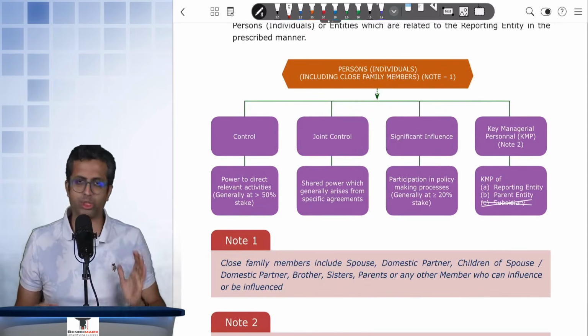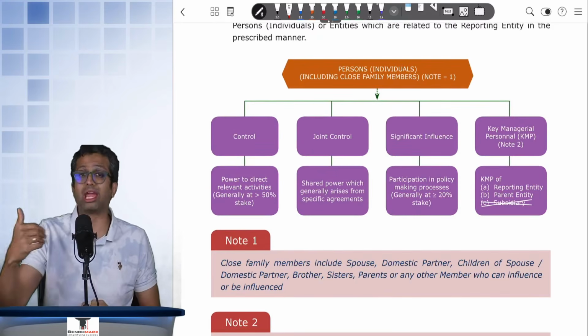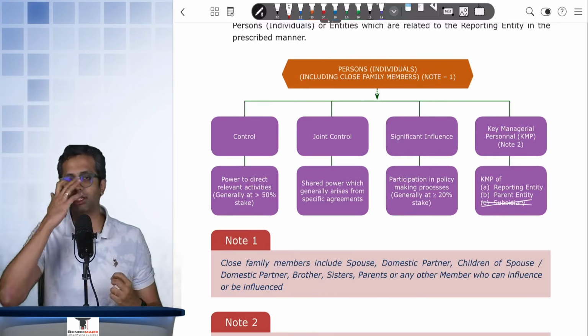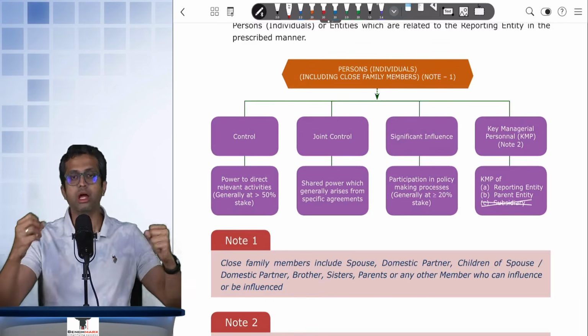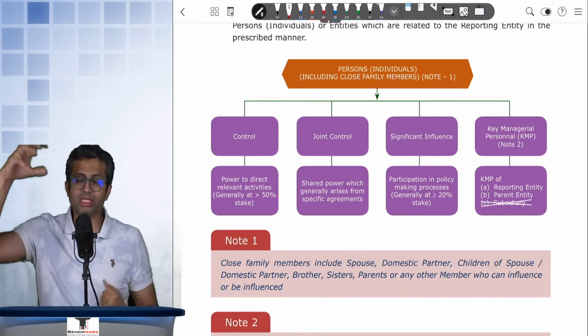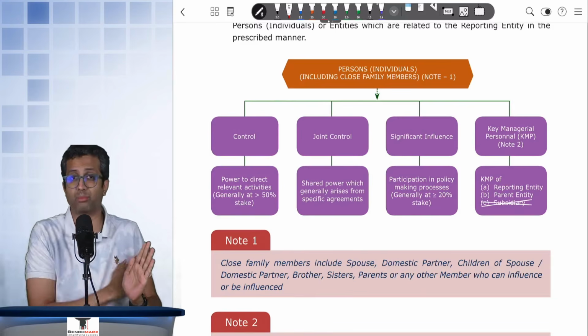Now the small nuance that you have to see over here is this. If you're looking at an individual who is directly identified as a related party, and there's a transaction between the company and that person, this transaction will come in the spotlight, and hence you might want to circumvent or bypass a provision.